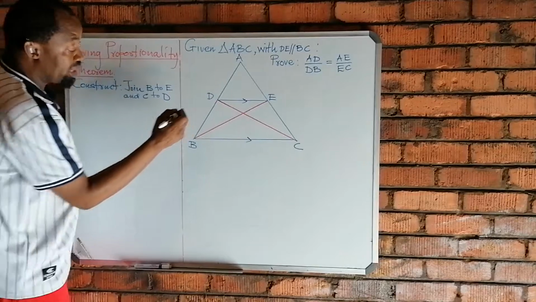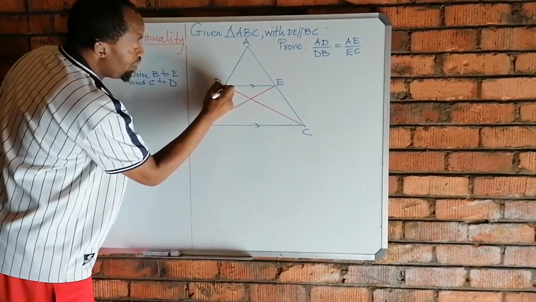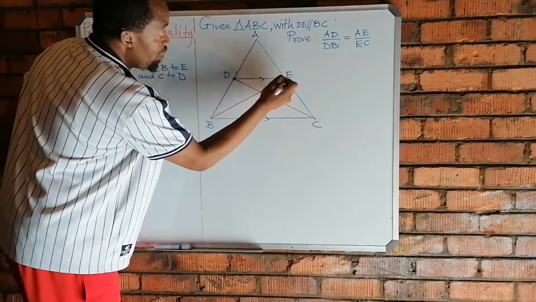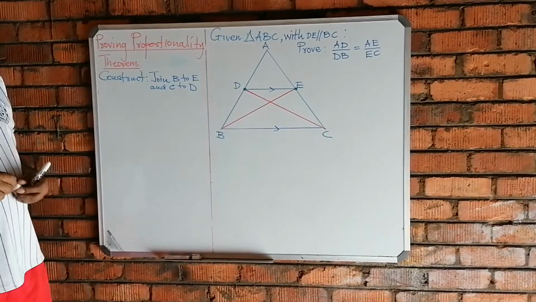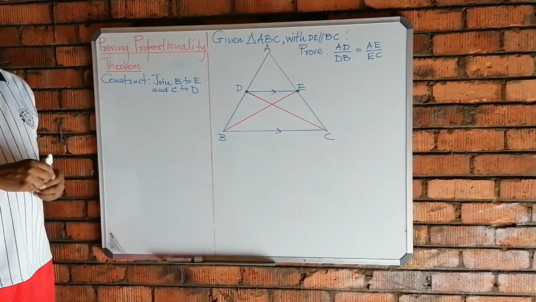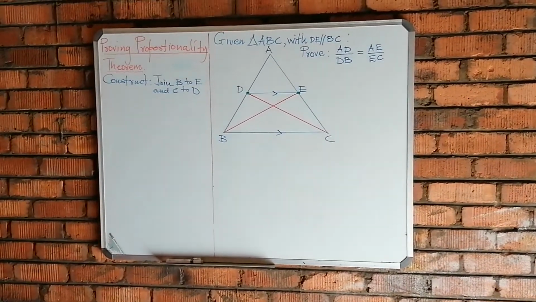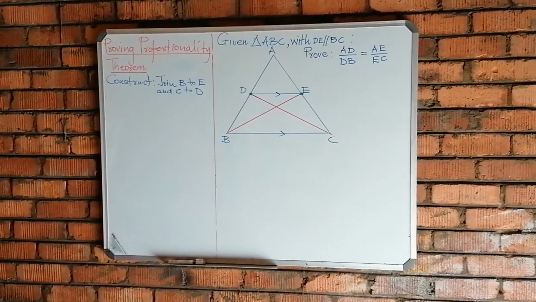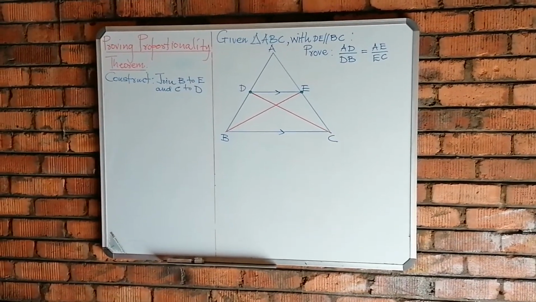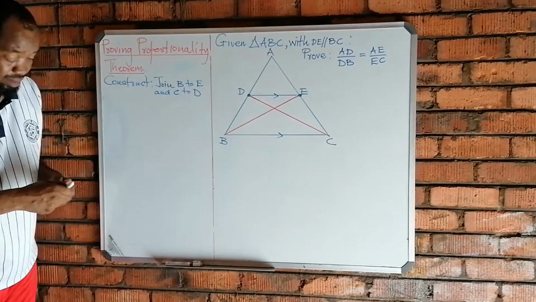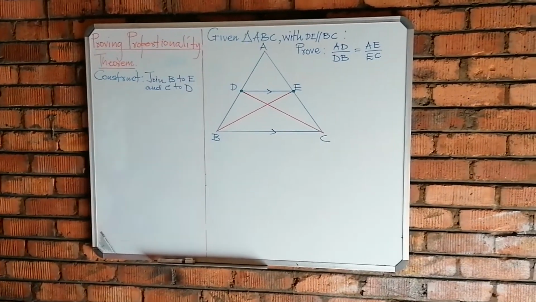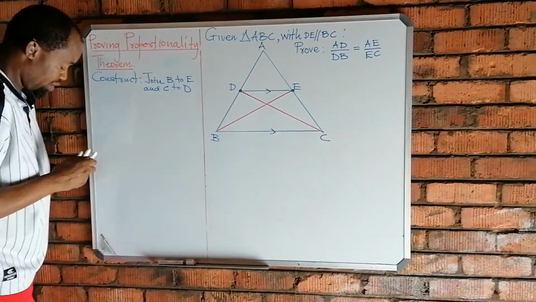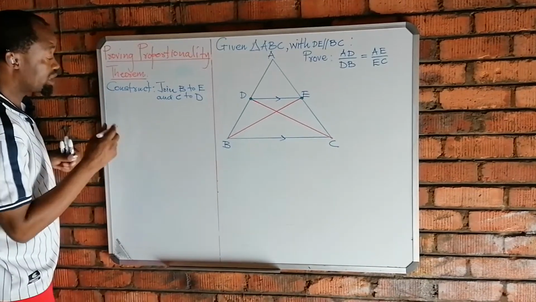I can boldly say common vertex there, basic knowledge number 3. Moving on from this now, I am going to construct further construction, all right? Further construction.